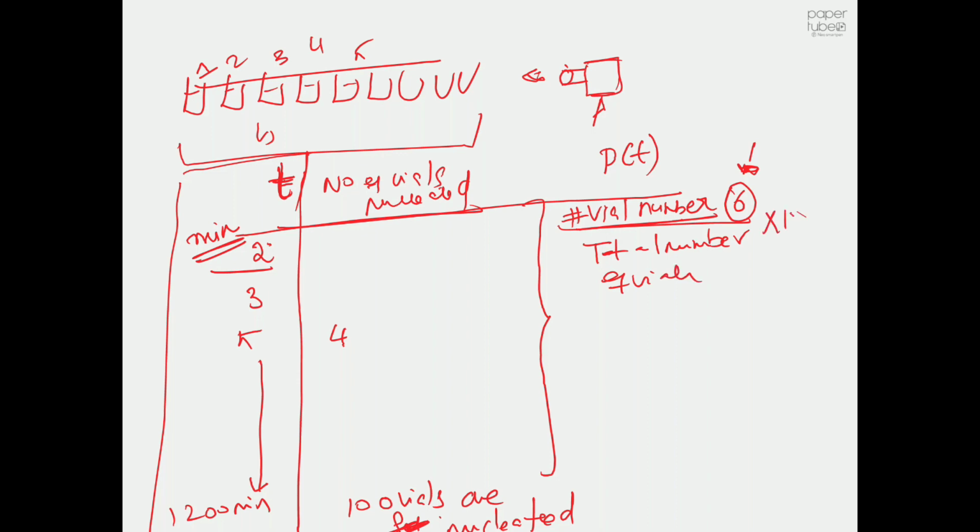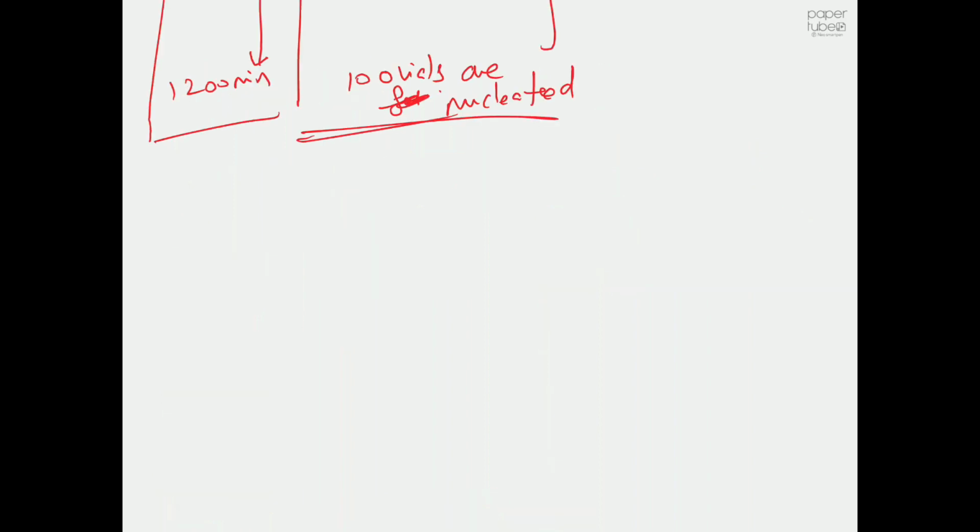So that will give the probability of this many vials getting nucleated at that particular interval of time. Say 90 vials got nucleated, so the probability will be 90 by 1200 multiplied by 100.